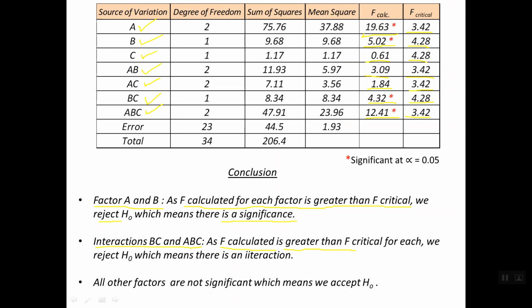So we reject the null hypothesis, which means that there is an interaction. While for the other factors, we don't have a significance, which means we should accept the null hypothesis.